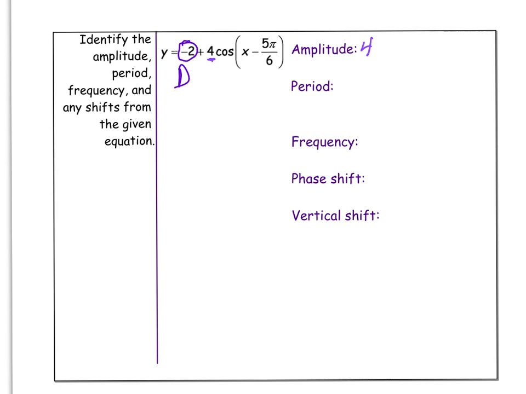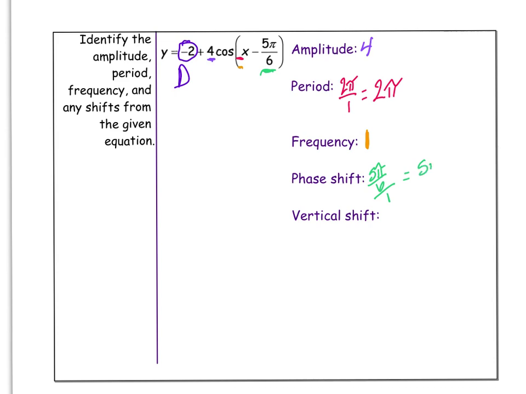My period is still 2 pi divided by b. B is the number with the x, so what number is that? 1. So this would be 2 pi. My frequency is that number, which is 1. My phase shift is negative, the minus of that, so that would be 5 pi divided by 6 divided by b, which is 1.